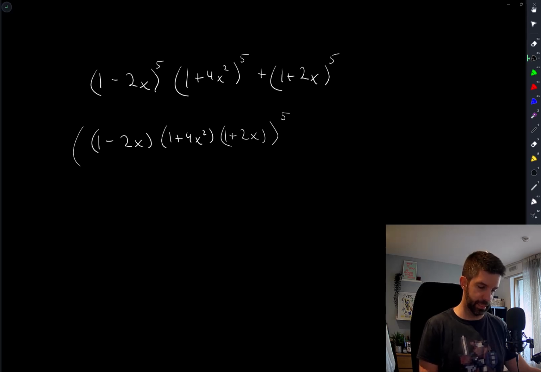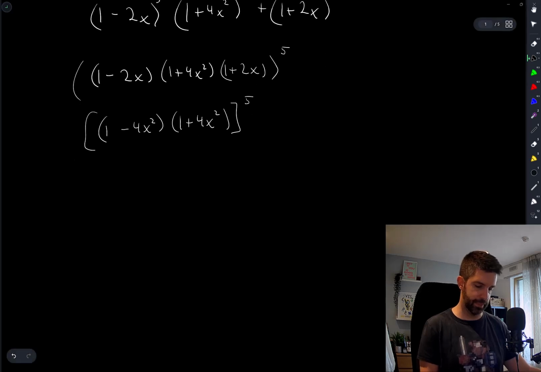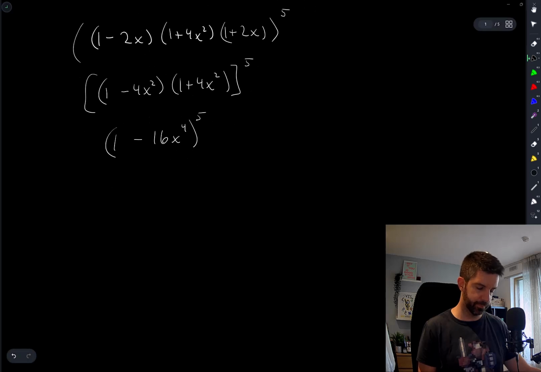So I notice I get (1 minus 4x squared) times (1 plus 4x squared), all raised to the 5. And that's (1 minus 16x to the 4), all raised to the 5, which can that give a power 12?